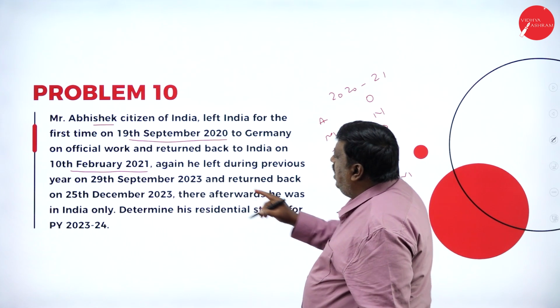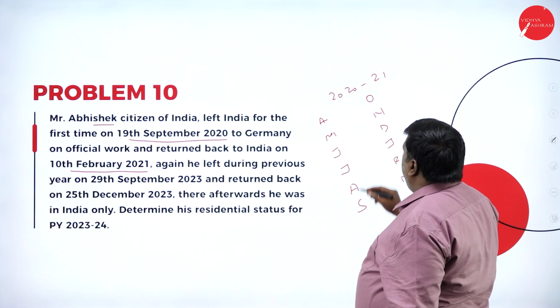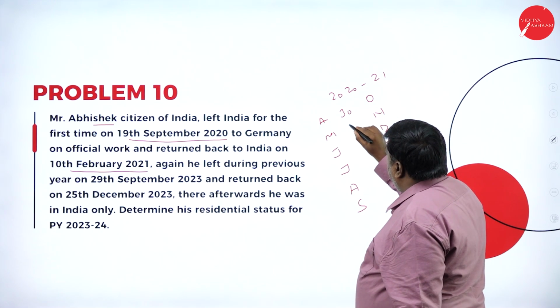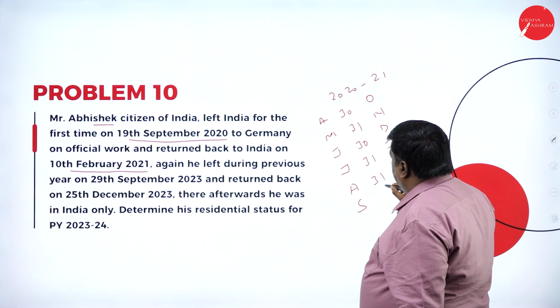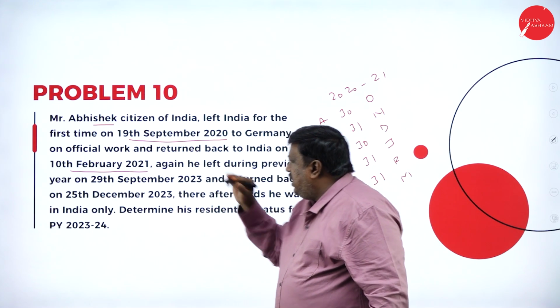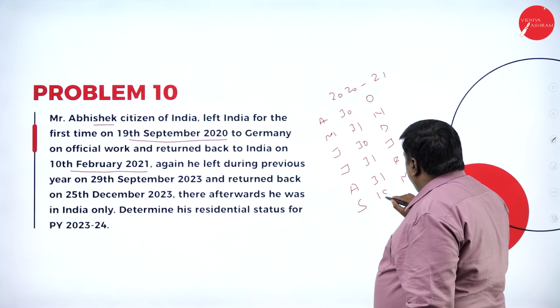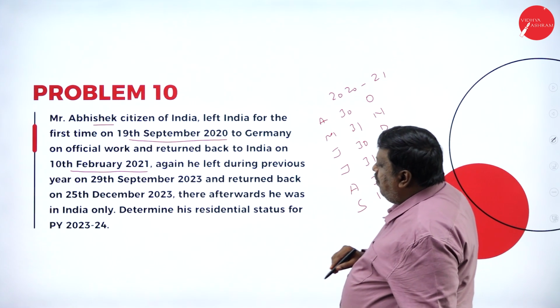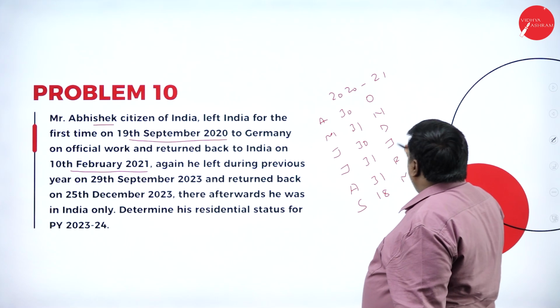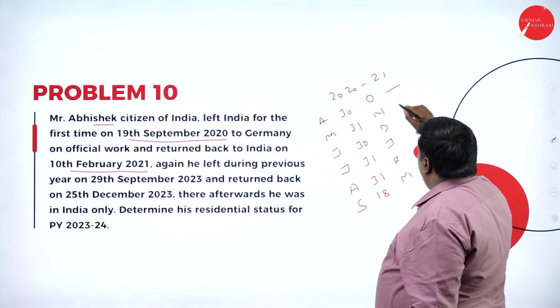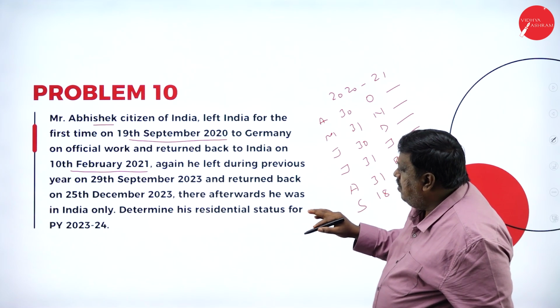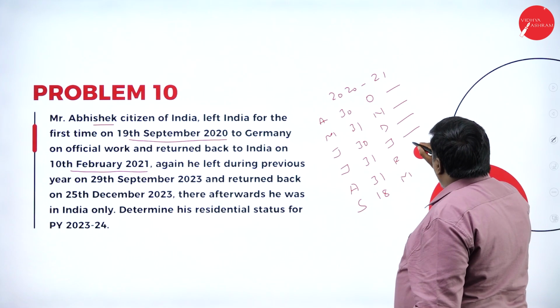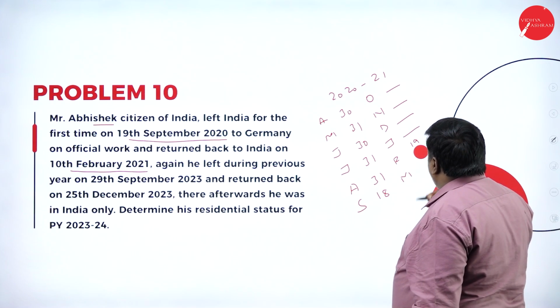When I left India on 19th September, April I was in India, May, June, July, August. In the month of September, when I left on the 19th, 18 days I was in India. I returned on 10th February. So October I was not there, November, December, January. February, when I returned on the 10th, I was in India for 19 days.